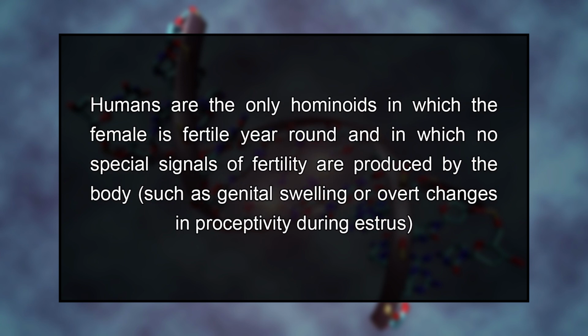Humans are the only hominids in which the female is fertile year-round and in which no special signals of fertility are produced by the body, such as genital swelling or overt change in proceptivity during estrus.